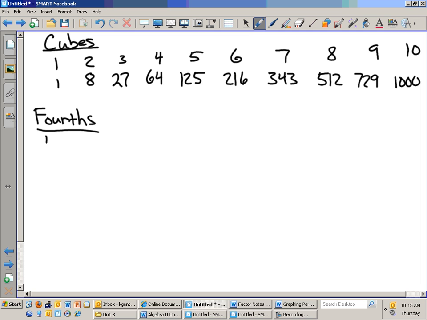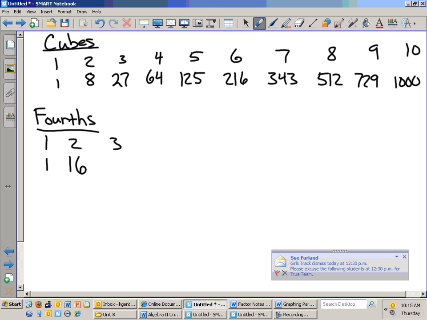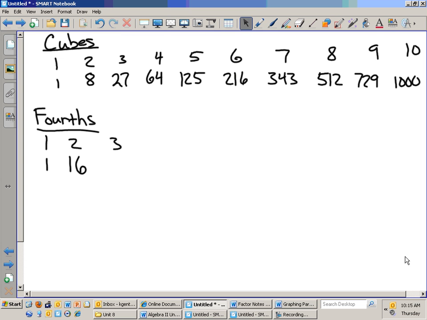So for fourths, what's 1 to the fourth? 1. 2 to the fourth? 16. 3 to the fourth? 3 to the fourth will be 81. 4 to the fourth? 4 times 4 is 16, times 4 is 64, times 4 again is 256. 5 to the fourth?